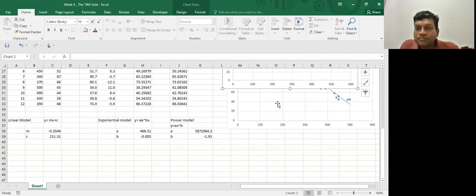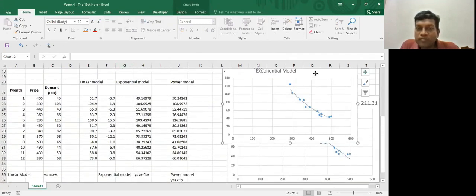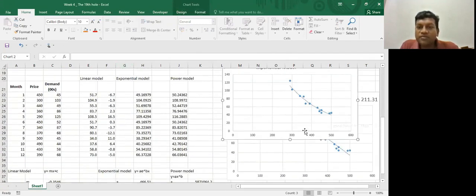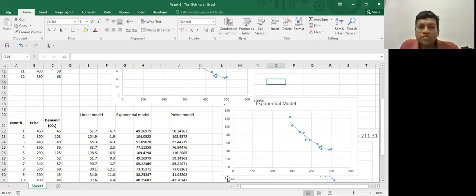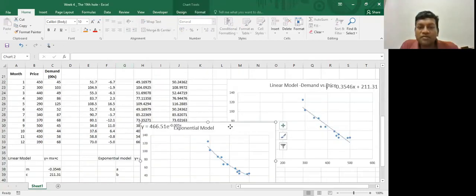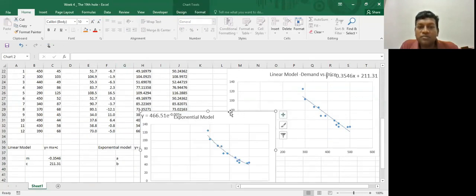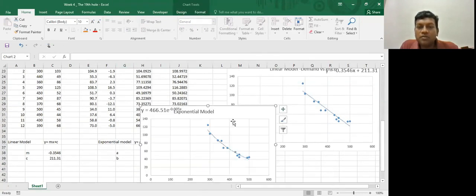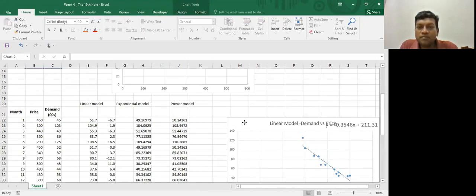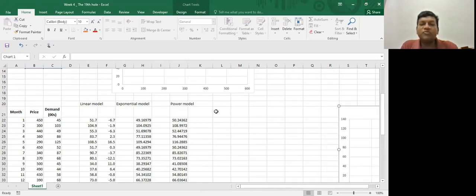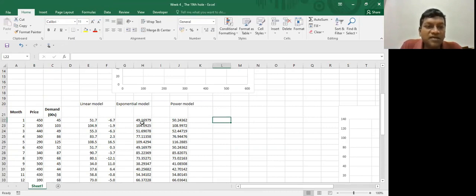Get it out of there. You can click Control and move that. It should move simply. Okay, it's moved. Control and move. Okay, I've moved it out.